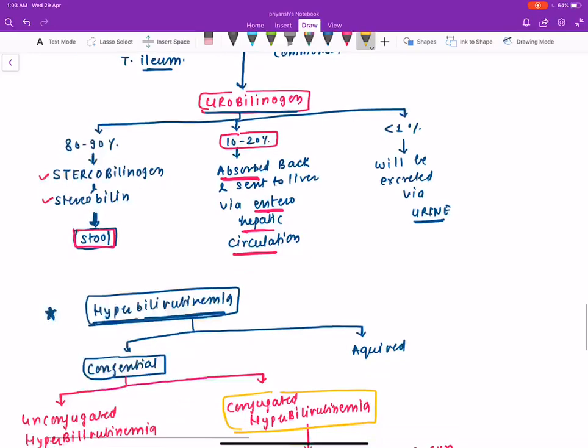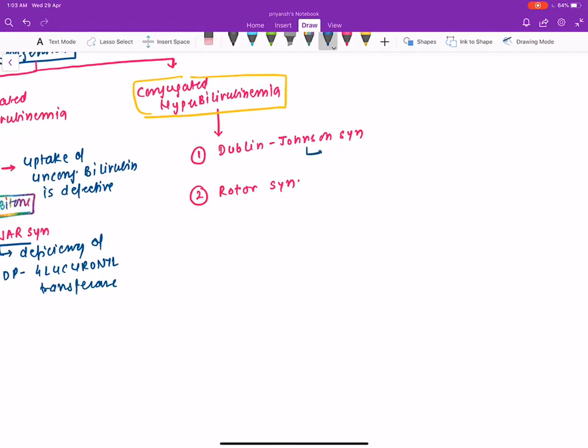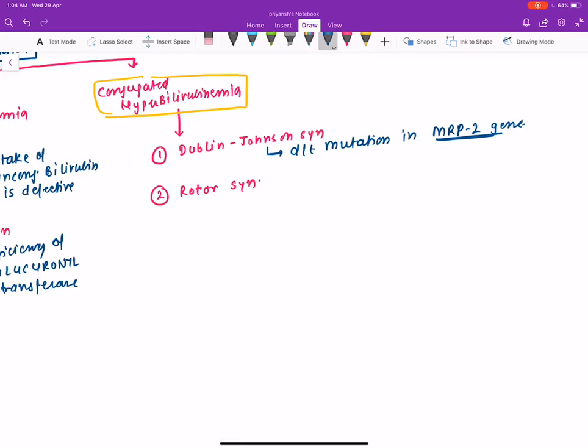So I can say that Dubin-Johnson syndrome is due to mutation in the MRP2 gene. In Dubin-Johnson syndrome, the liver turns jet black, so it is also called black liver jaundice.